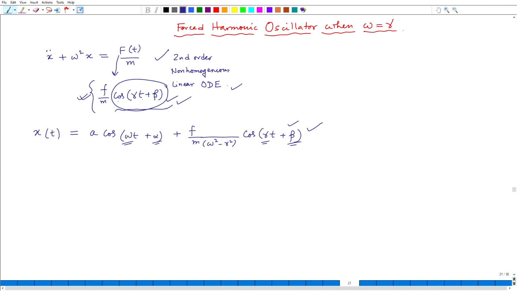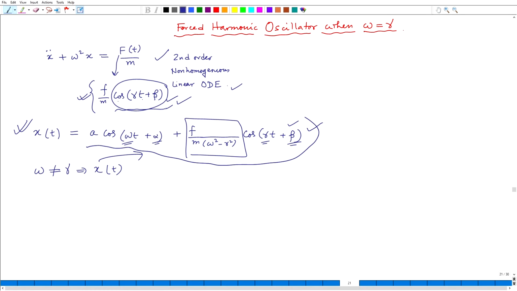Now, whenever this type of equation is trustworthy, we can actually expect that this part is well behaved. That means, in other words, whenever omega is not equal to gamma, then we are saved. Then your x of t is given by this solution.